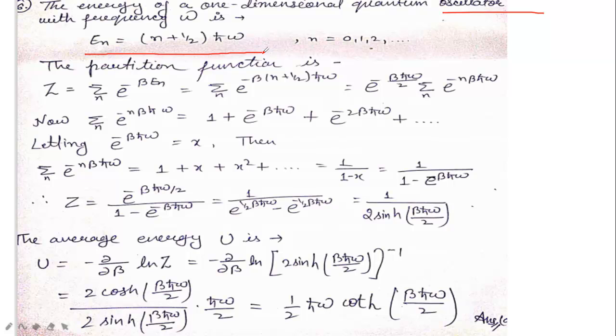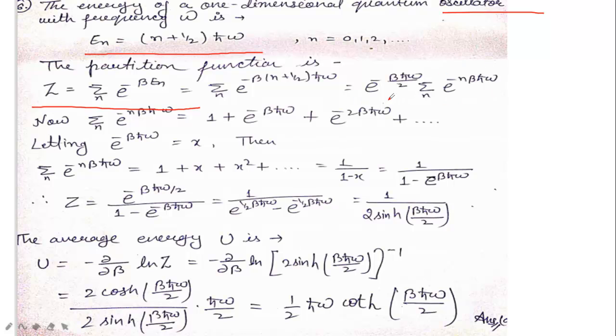Now we can write the partition function. We know the formula of partition function, which is Z equals summation over n of exponential minus beta En. Just put the value of En here. When I put the value of En, I get this. Let me separate out exponential minus beta h cut omega by 2 and exponential minus n beta h cut omega.